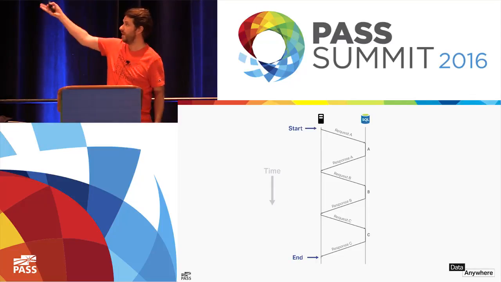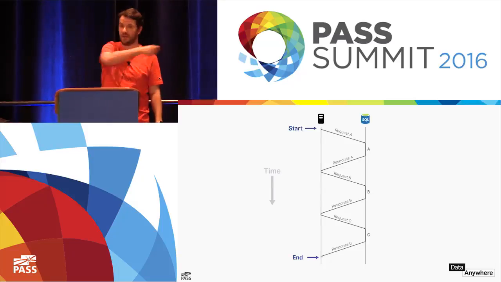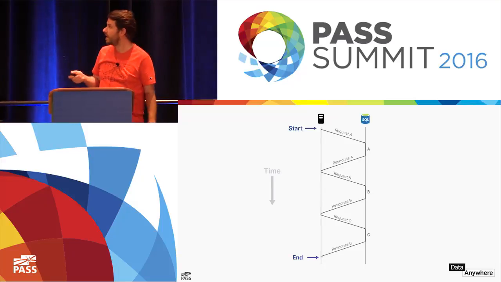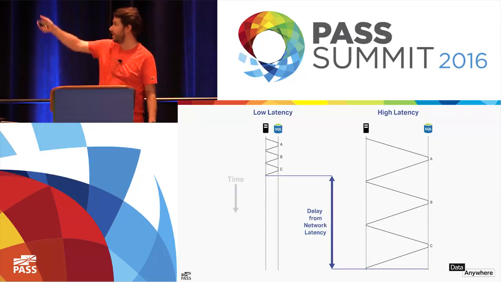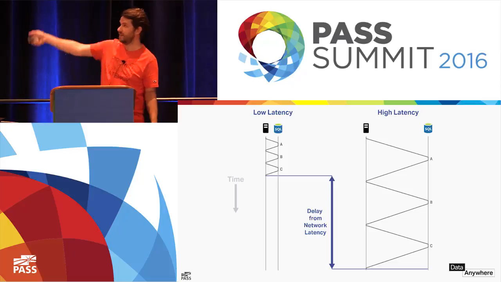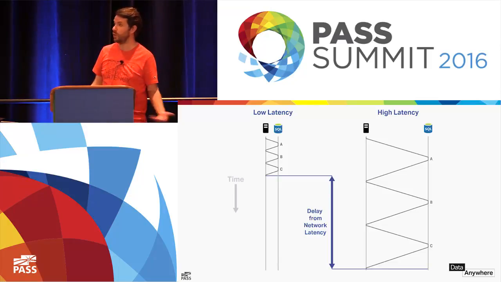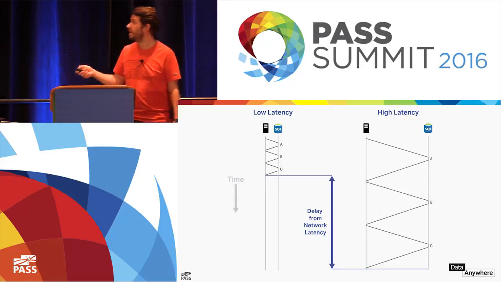So that's your app server making 3 calls to the database. Start is when the API call comes in, and end is when it can service the request. Basically the problem is when you introduce higher latency, the round trip times mean that it takes all the extra time. The more queries you have, the more susceptible you are to latency. And obviously the higher the latency, the more the delay is going to be.